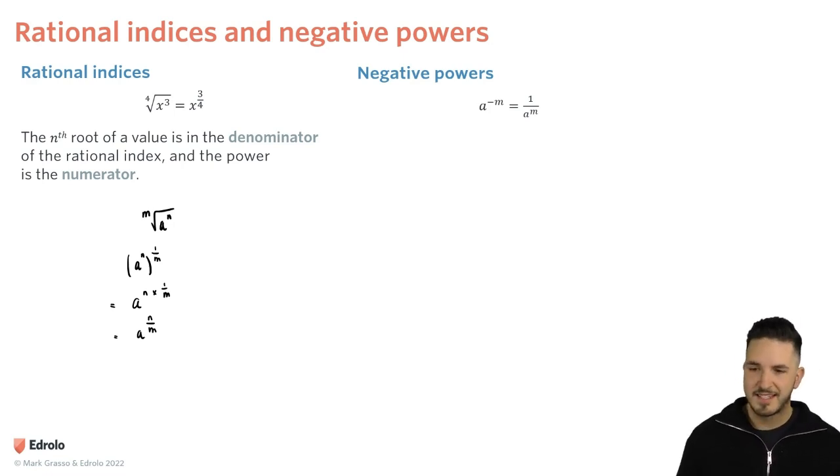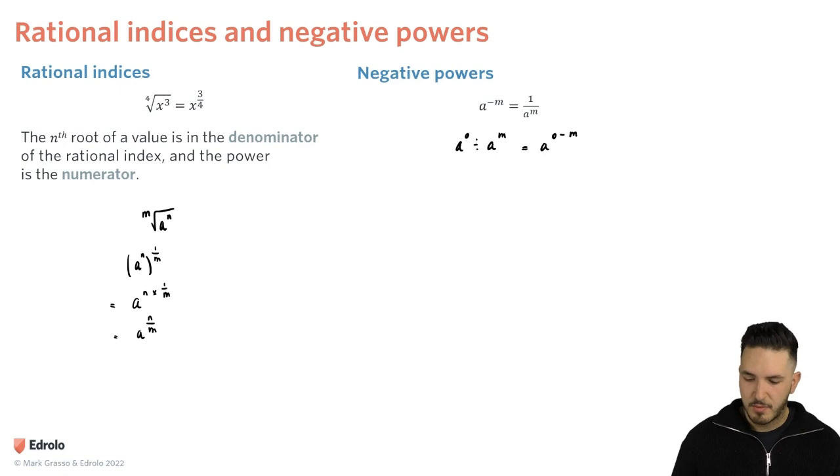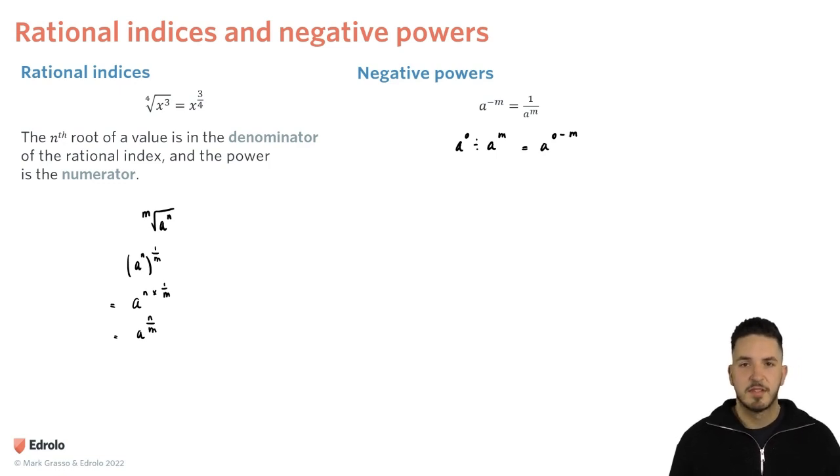So now looking at negative powers, a similar scenario in this instance. So let's say, for example, we had a to the power of 0 divided by a to the power of m. This is equivalent to a to the power of 0 minus m. And what we can see is, well, a to the power of 0 is simply 1.